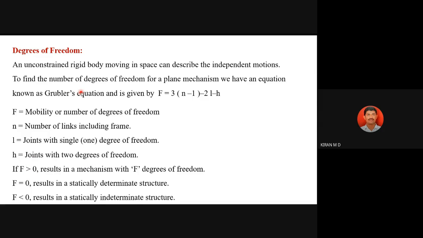When calculating the mobility, if F is greater than 0, we call it a mechanism with F degrees of freedom. It has some motion.